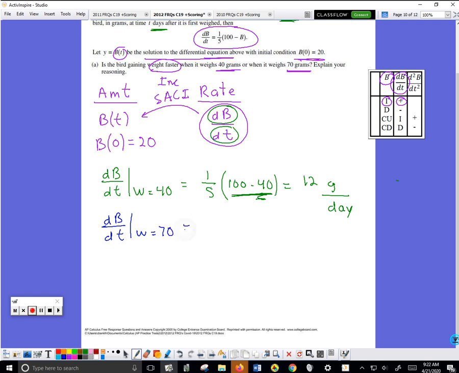It's going to equal 1 over 5 times 100 minus 70, 30 over 5, that's 30 divided by 5 is 6 grams per day.